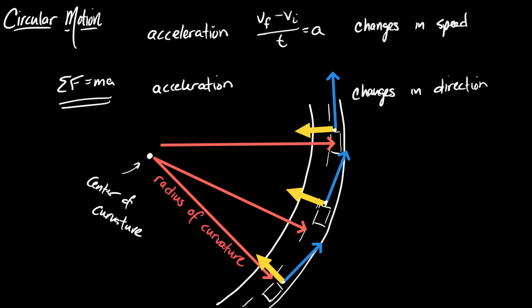If you want to just turn and not change speed, your acceleration has to point towards the center of the curve. Again, if you want to change direction and not change speed, then your acceleration has to point towards the center of the circle.